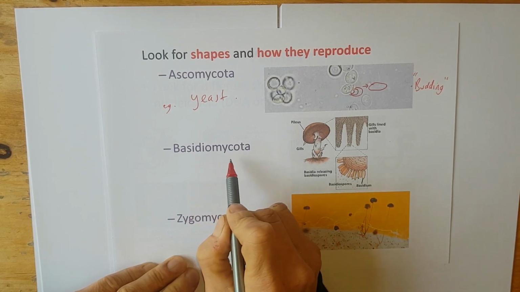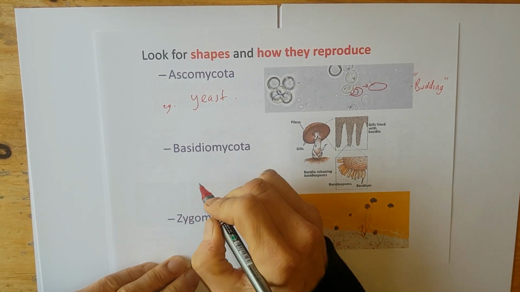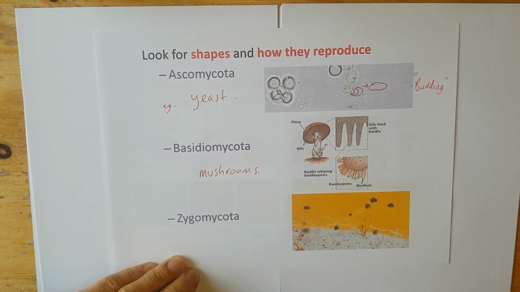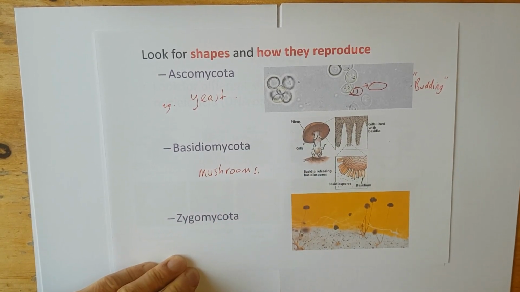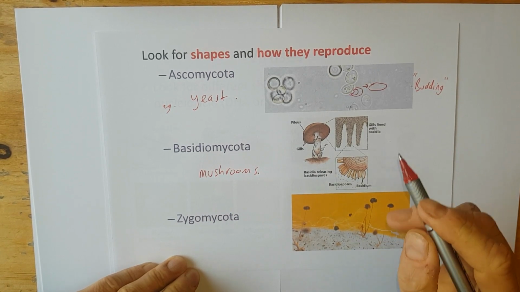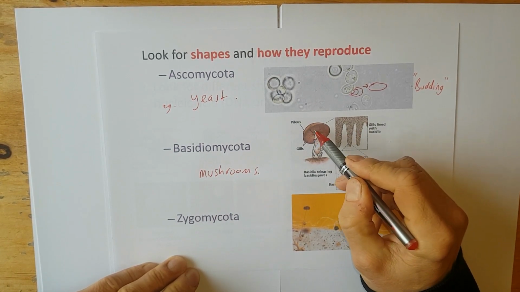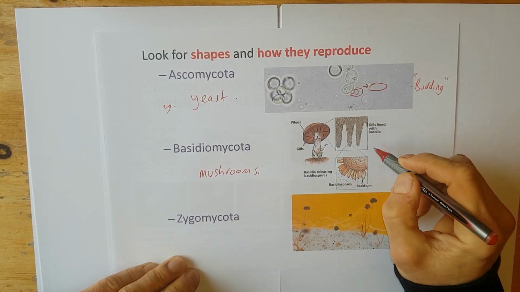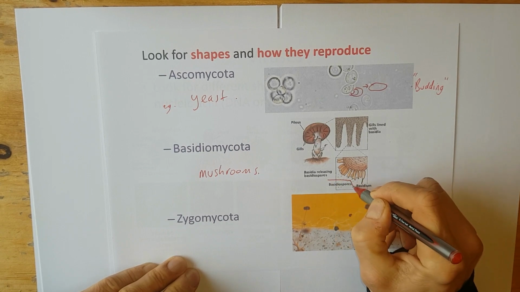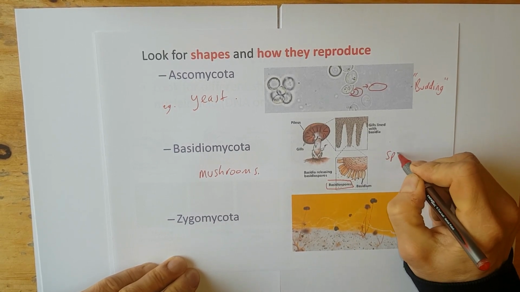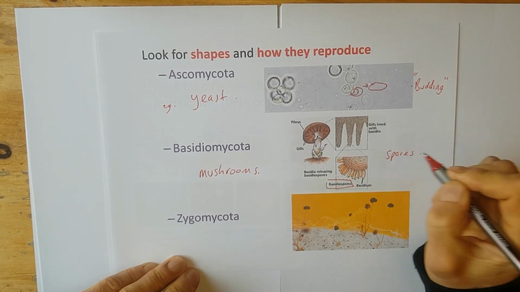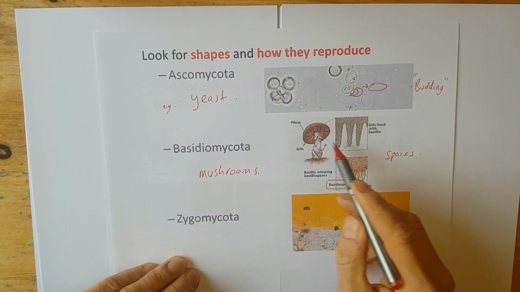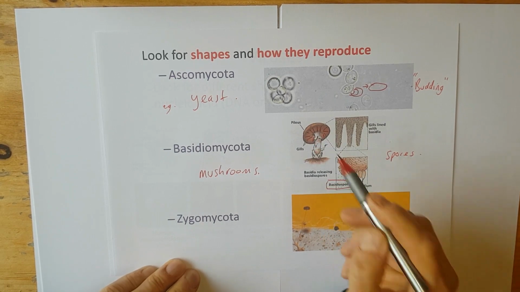Another type, Basidiomycota, these are like the mushrooms, and under the mushroom you've got the kind of gills, and these have spores in them. So these are reproduced by spores, and you can have a picture of these and describe what's going on under there.